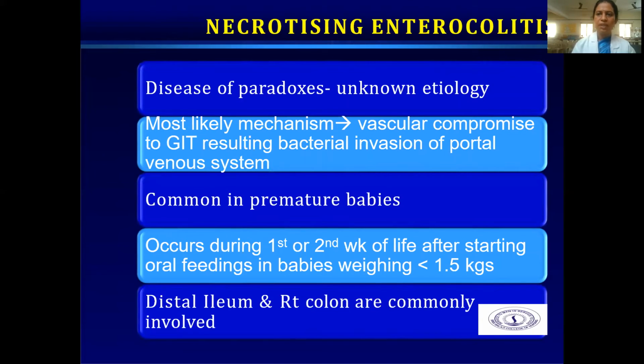So the lesser the baby's weight, the more will be the complications. Distal ileum and right colon are commonly involved. So this is a disease caused by unknown etiology, common among premature babies, and between the 1st to 2nd week of life itself, the manifestation will be seen.